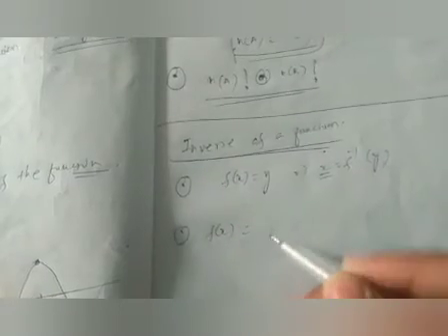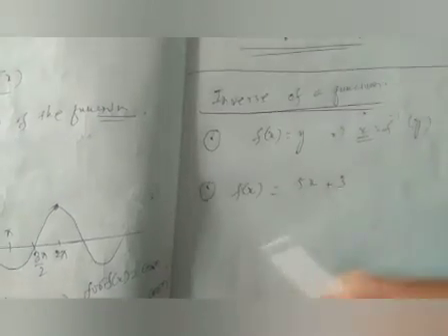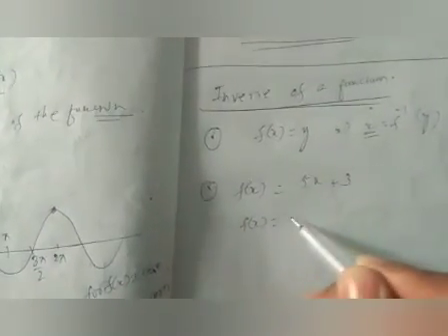Let us see one example. f of x equals 5x plus 3. This is one problem. Let us try to find the inverse of this particular function. First, let f of x equal y, then y equals 5x plus 3, then x equals (y minus 3) by 5.